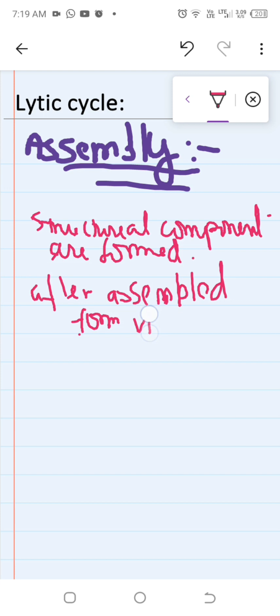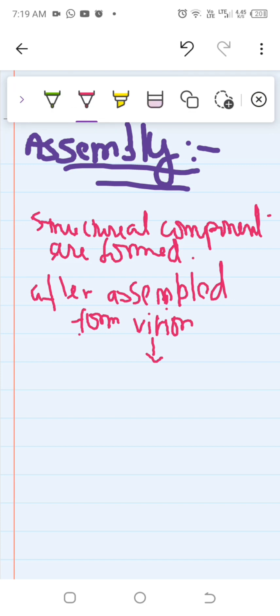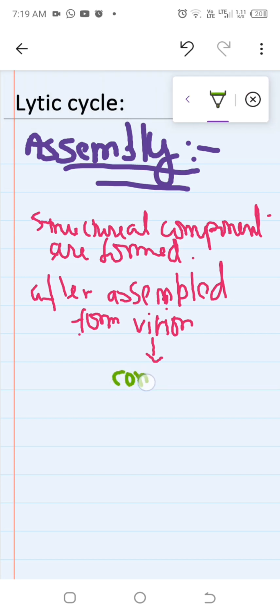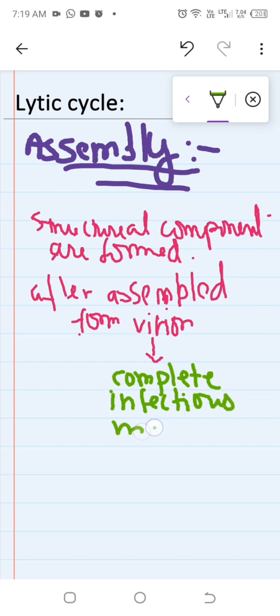Now what is a virion here? A virion is basically a complete, infectious, mature virus particle.